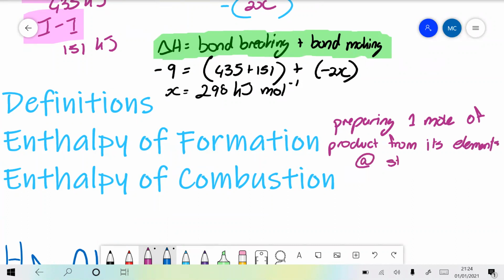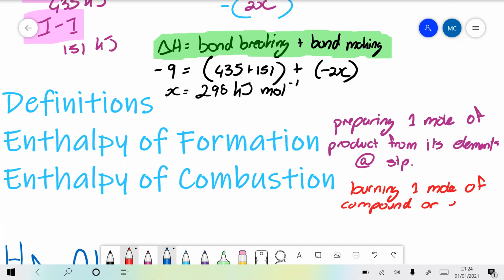Whereas the enthalpy of combustion is burning 1 mole of compound or element in excess air at STP.